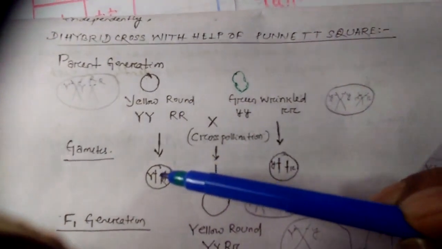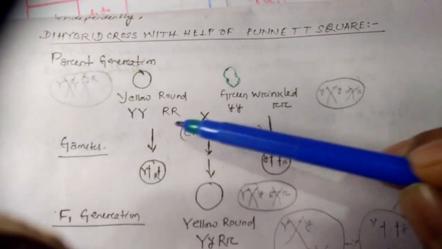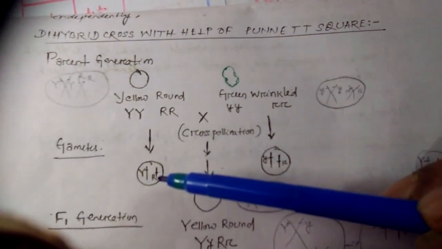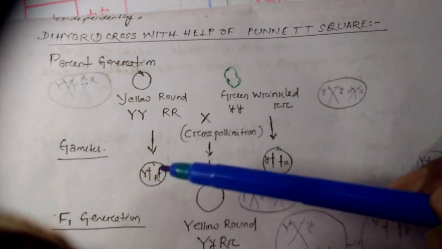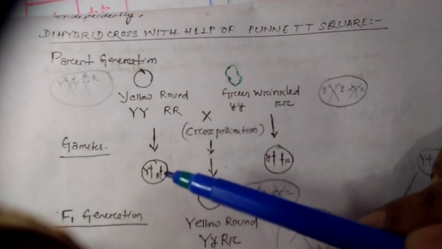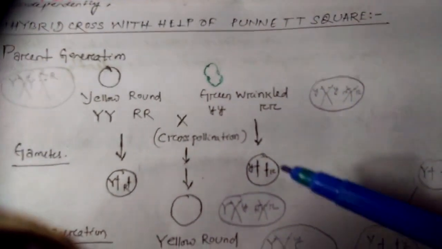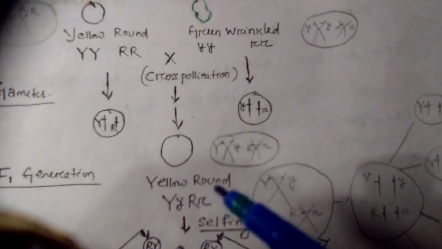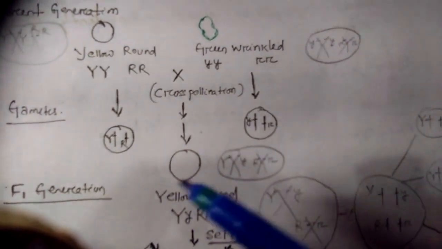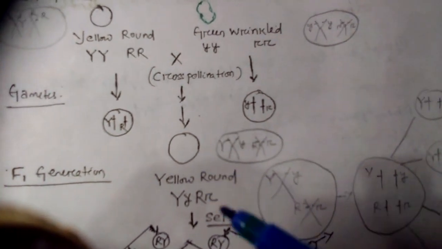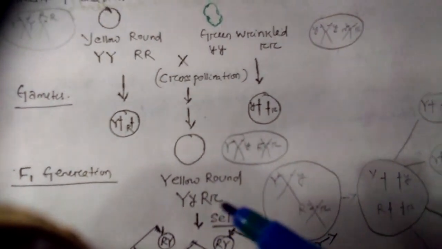The gametes will be homozygous, one YR and one yr, because we have already discussed in previous videos that in the case of Mendel, the two genes are present on separate chromosomes. So in the F1 generation all the plants will be yellow round, but they are heterozygous for both genes.